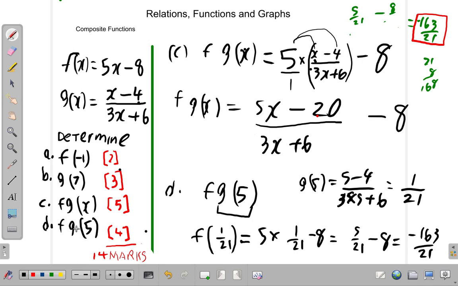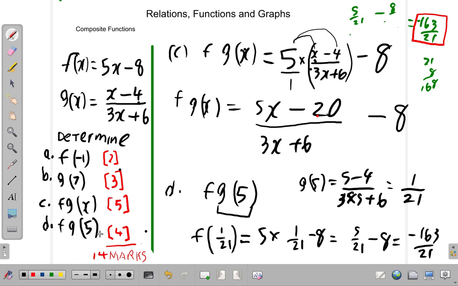If you are told to find fg of 5, or you're not told to find fg of x, you would not need to find fg of x before you go to fg of 5. In this case, we found fg of x. And then to get fg of 5, we remove the x and put 5 there. However, if you're not told to find fg of x and you're told to find fg of 5, you just go directly to fg of 5.